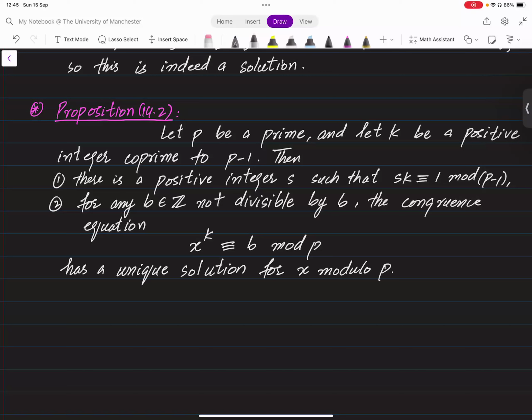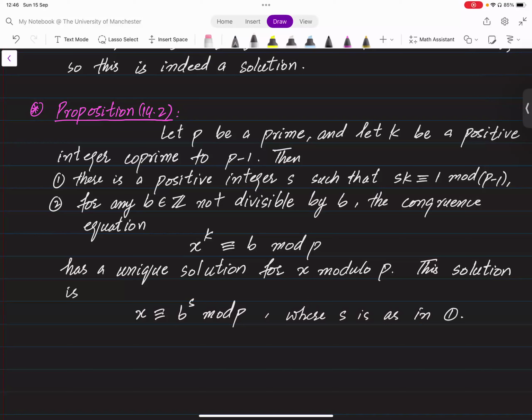This solution is x congruent to b power s mod p, where s is as in 1.